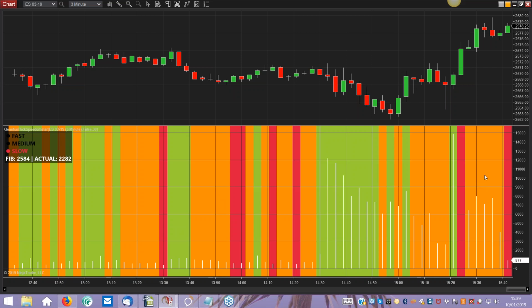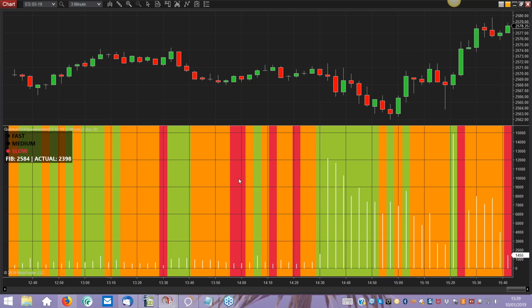And in addition to that, what the optimizer also does, it gives you this very simple color coding mechanism whereby what you're looking for are the green regions where you're seeing activity, you're seeing volume come into the market. The orange periods are phases of, let's call them average. That is what you expect to see the market ticking along at under normal circumstances.